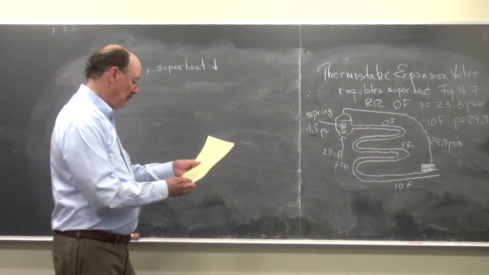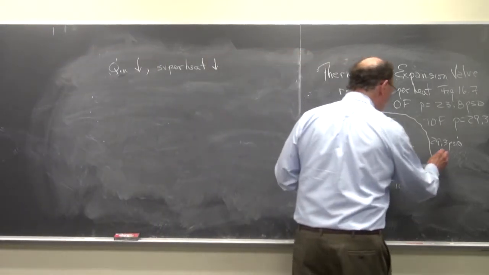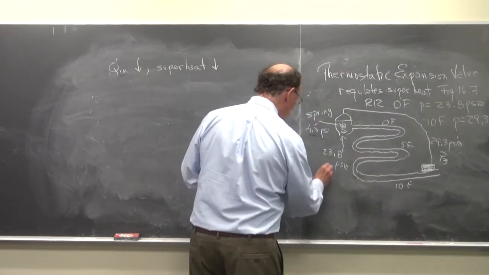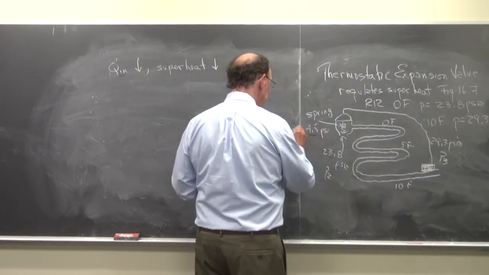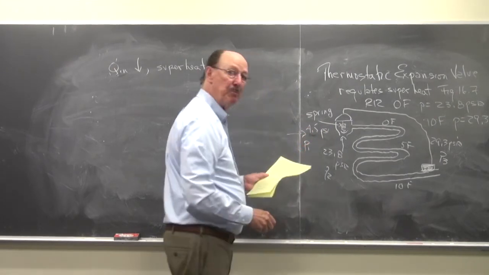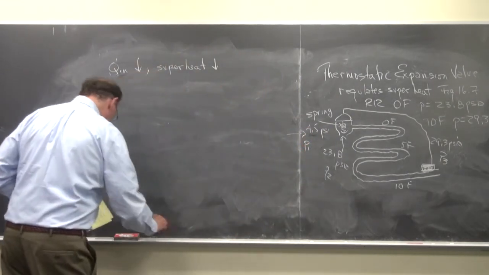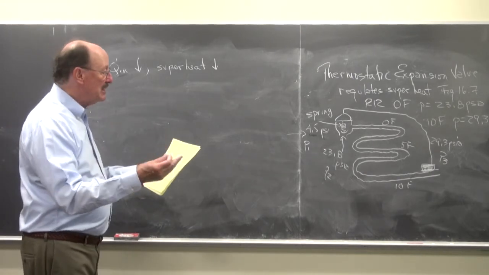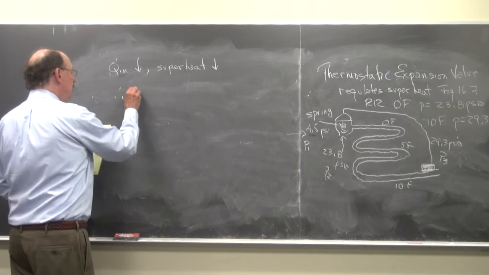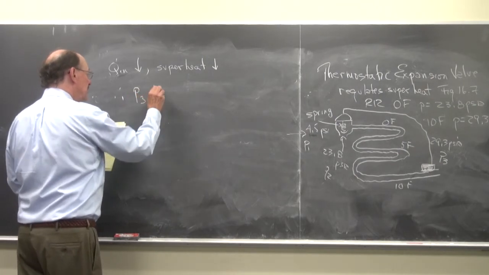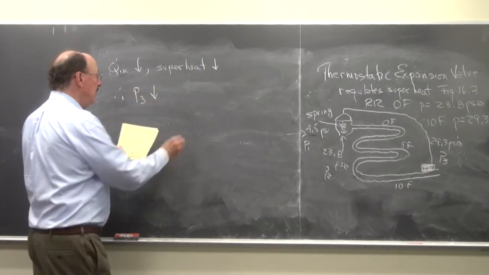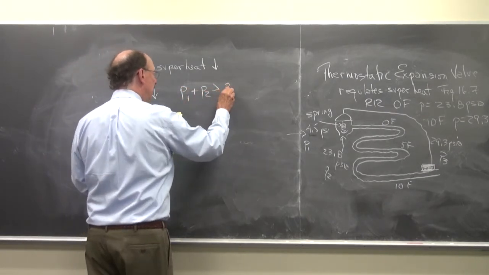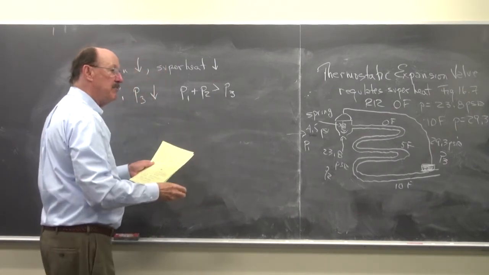I call this P3, this is P2, and this is P1, just so I can refer to the pressures. If the superheat is less, then P3 goes down, P1 plus P2 is greater than P3, and the valve closes a little.